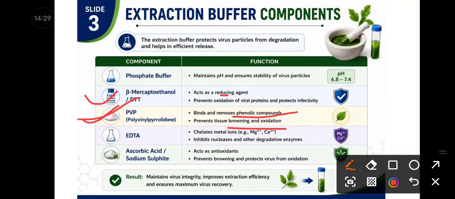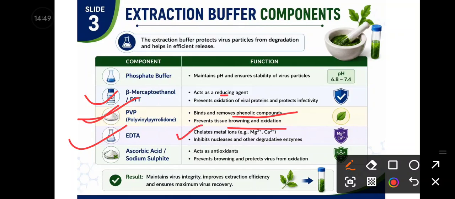Next, the fourth component, EDTA. This is the most commonly used chemical in the extraction buffer for various things like DNA, RNA, protein, everywhere EDTA is used. Why? Because it is a chelating agent.